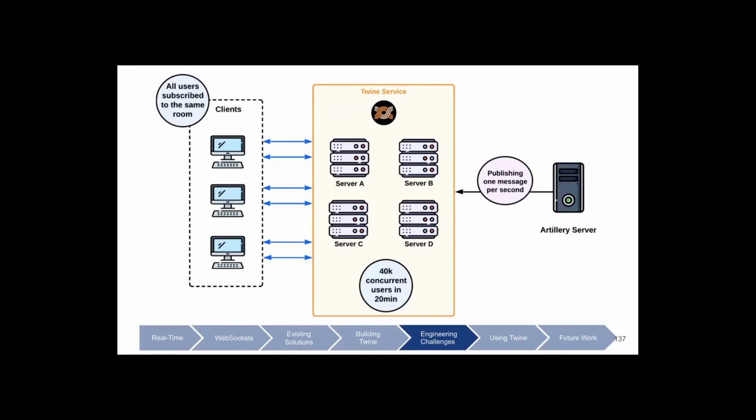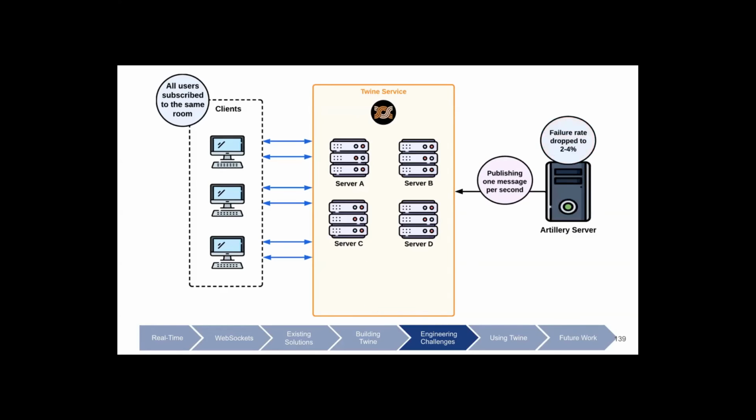Upon ramping up to 40,000 users over 20 minutes, we noticed 20 to 40% of users connected but failed to receive a single message. After upgrading artillery servers, the failure rate dropped to 2 to 4%. But unfortunately, it still climbed with concurrent connections beyond 6,000.